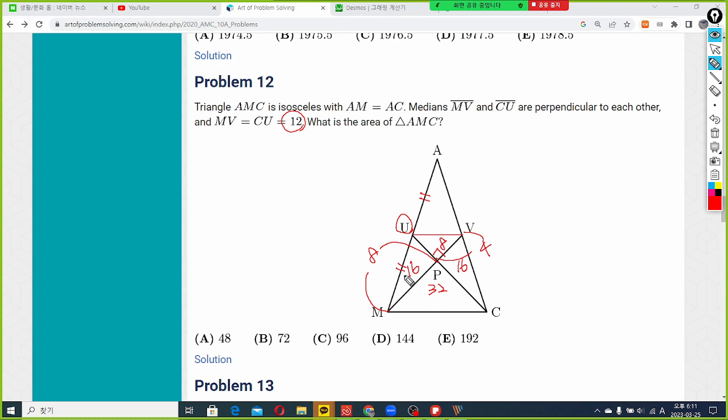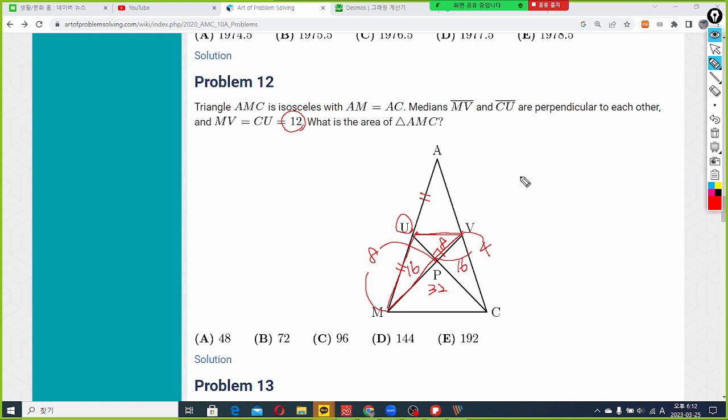The square root of 80 for AU. Okay, you can find the segment length, but actually, you just need the area, right? You don't have to find the segment length. So the area of AUV is the same as the area of this triangle, because the base length is the same, and they share the same height.